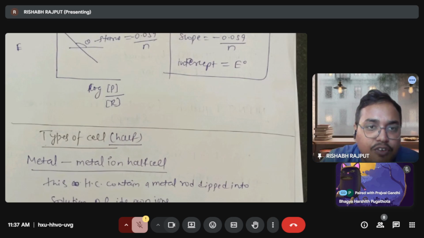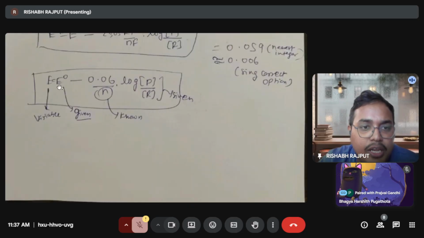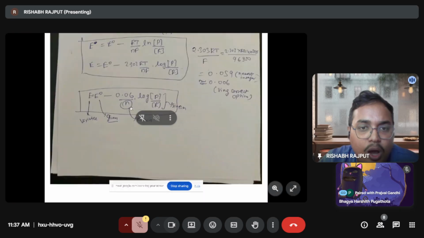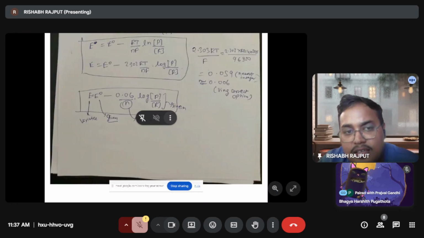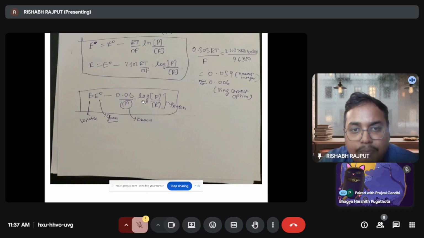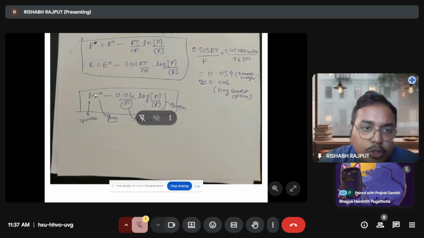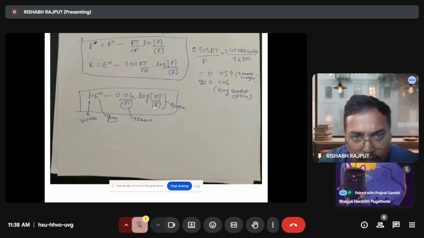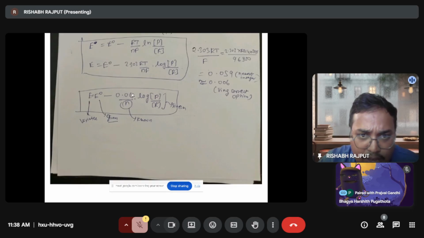Now, guys, you know the formula: E is equal to E naught minus 0.06 by n log P by R. If I ask, sir, please make the graph between E variable versus log P by R, how can you make it? If I want to draw the graph between E and log P by R, we can say E naught becomes the intercept and this value becomes your slope.